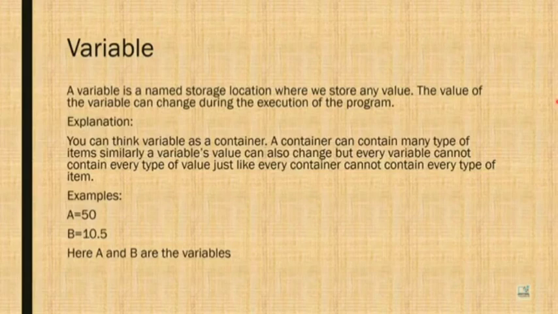Now whatever we store in a variable can change, means the value of the variable can be changed. For example, if I say A is 50, then again I can say A is 60 also, means the value of A can change also. A variable can change its value. So in the following example we have A equal to 50, B equal to 10.5. So here A and B are the variables.